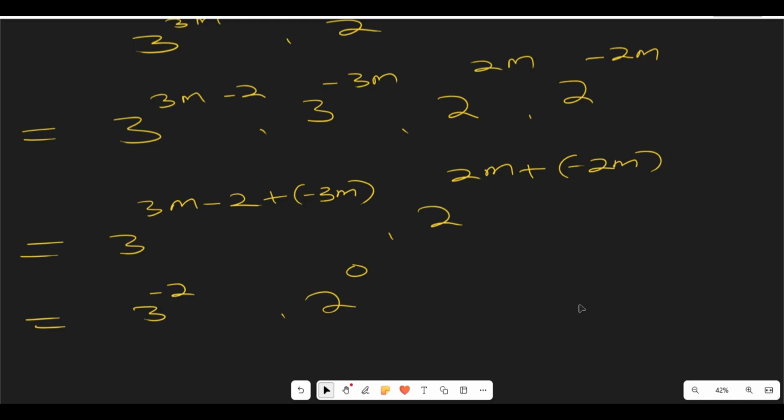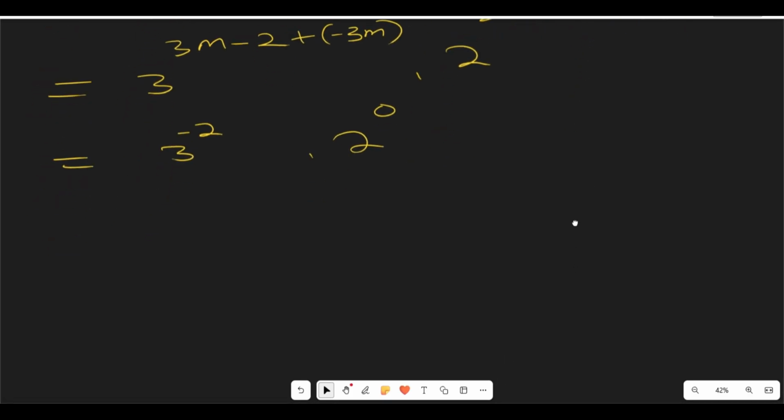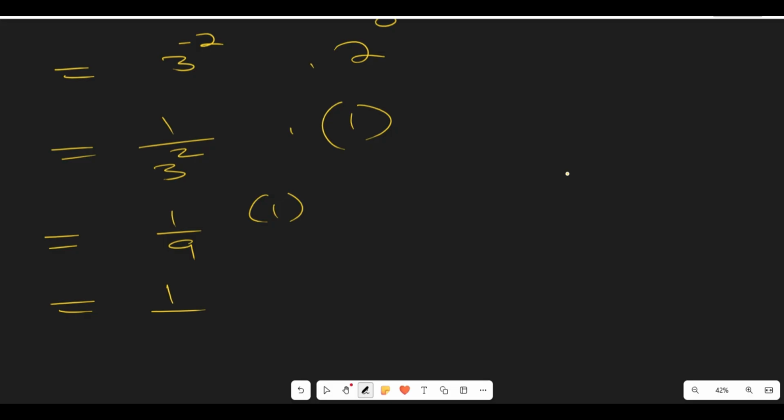Now we have to convert the 3 to the power negative 2 to something presentable, like a proper number. We say 1 over 3 squared multiplied by 1, which is the same as 1 over 9. This is our correct answer. It's 1 over 9. So that is it.